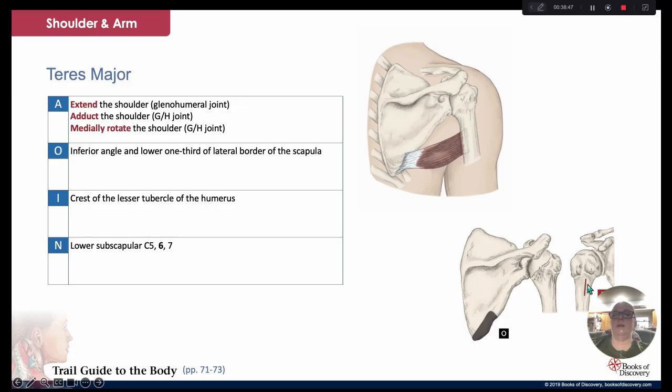So the crest is going to be kind of a line of bone that is raised a little bit. So you have your lesser tubercle that is going to be in this front section here, and there's going to be a little ridge right under it that this teres major connects to so that it can properly move your humerus.